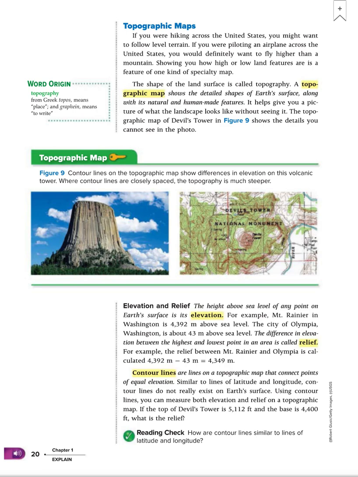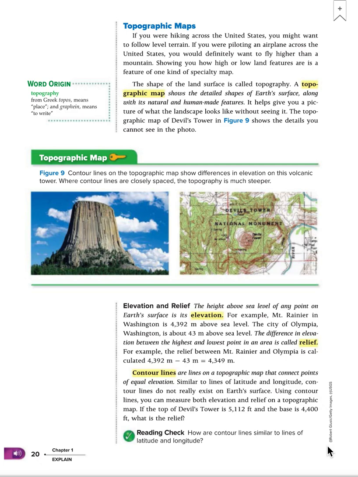The difference in elevation between the highest and lowest points in an area is called relief. So the relief between Mount Rainier and Olympia is calculated as 4,392 meters minus 43 meters equals 4,349 meters. So this number here, 4,349, would be the relief.